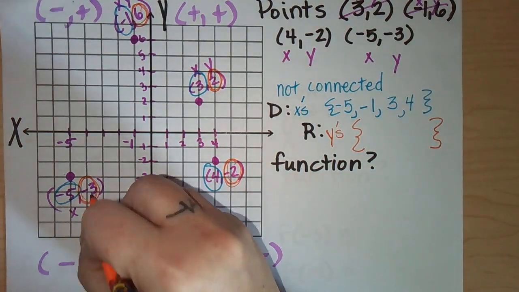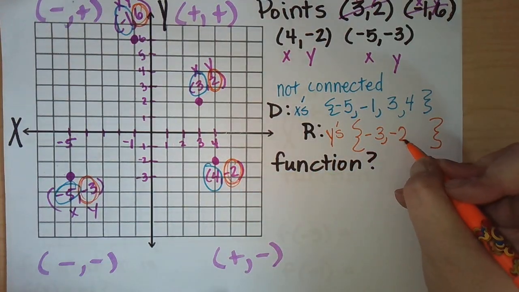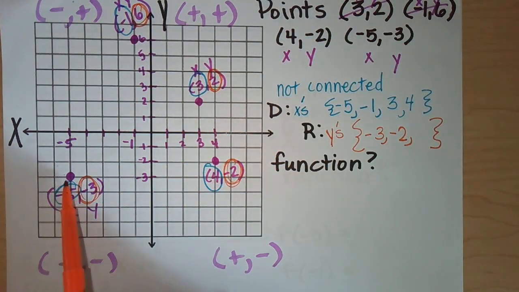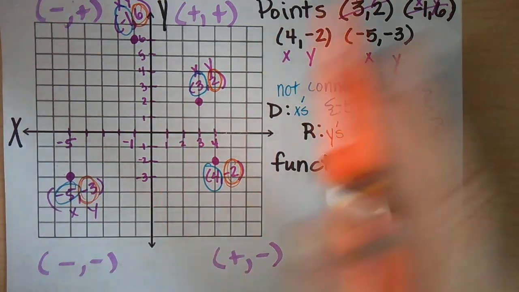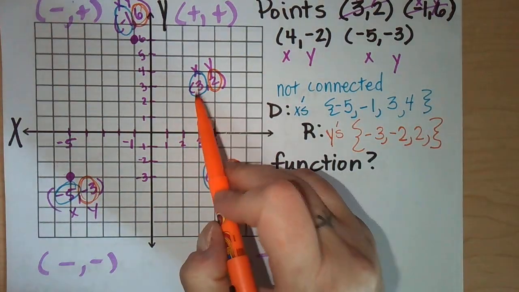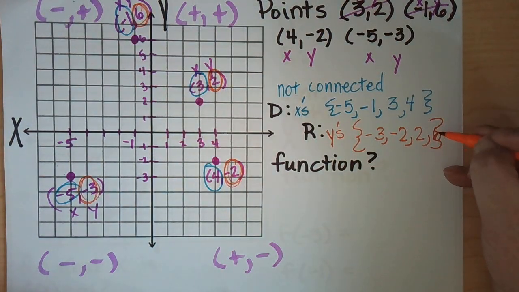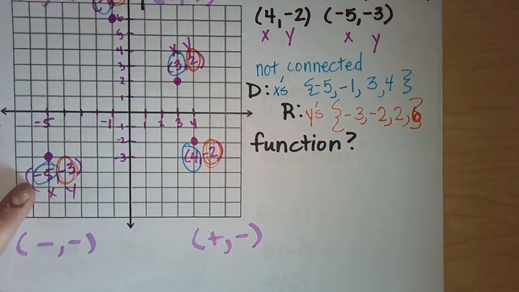So negative 3 first, comma, the negative 2. Keep going. Bottoms up. A little bit higher than that is this point with a y value of 2. A little bit higher than that is the very tip top point with a y value of 6. And all these numbers are supposed to be in the squiggle, but I ran out of room.